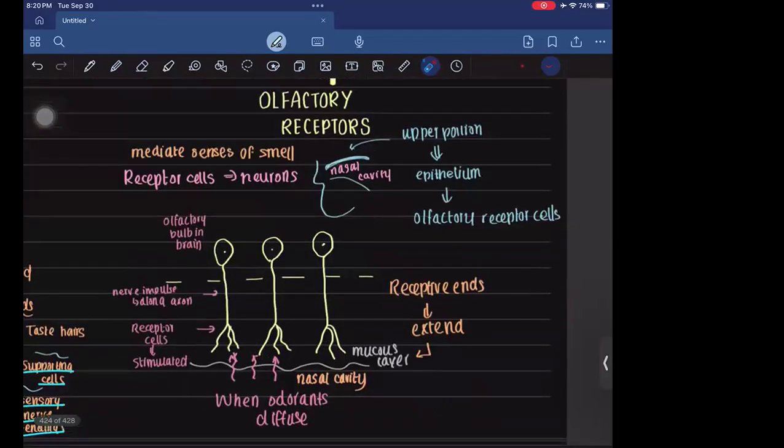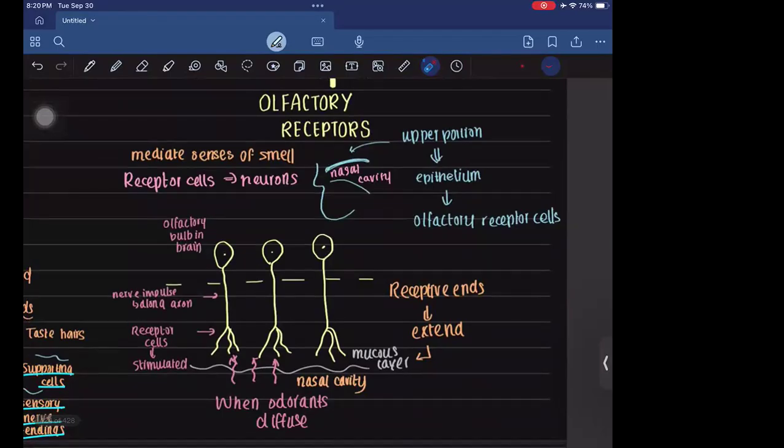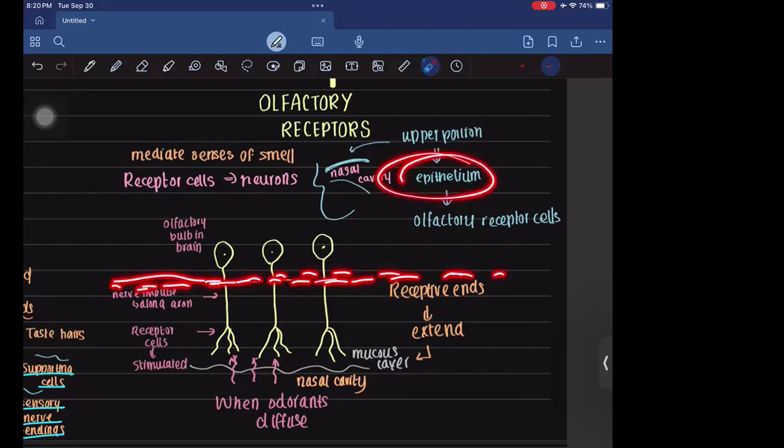Now these olfactory receptor cells, their ends will be extending into a mucus layer which is there in the nasal cavity. Of course, the nasal cavity is lined by a mucus layer, right? So if this is the upper portion epithelium of your nasal cavity, the olfactory receptor cells are present here.